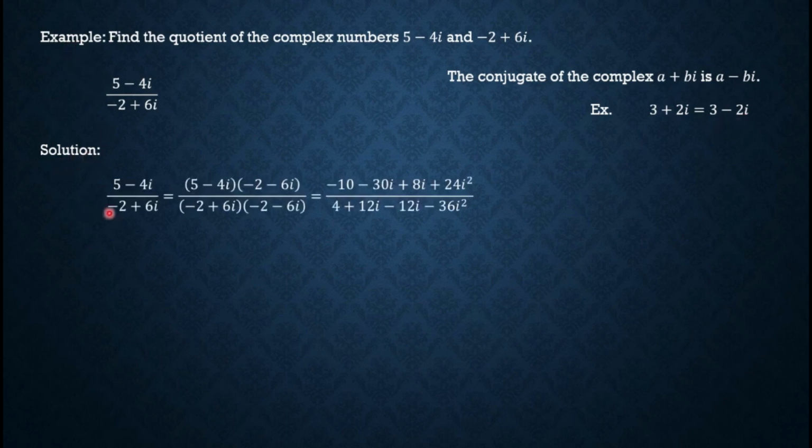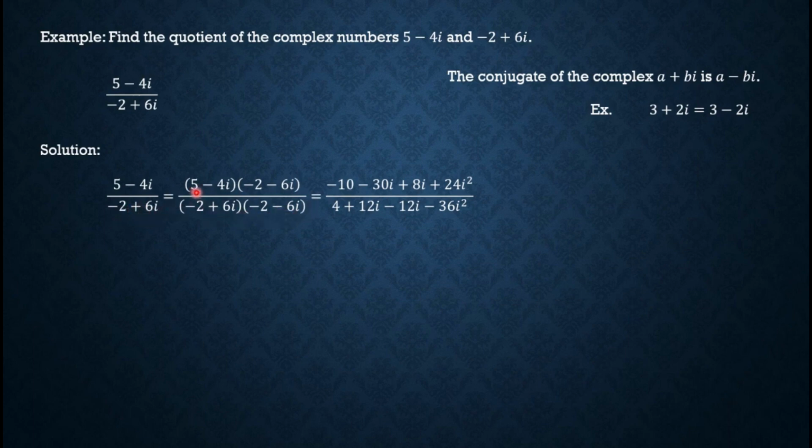Solution for this example: 5 minus 4i over negative 2 plus 6i is equal to the quantity 5 minus 4i times the quantity negative 2 minus 6i over the quantity negative 2 plus 6i times the quantity negative 2 minus 6i. So we have already the conjugate of negative 2 plus 6i.